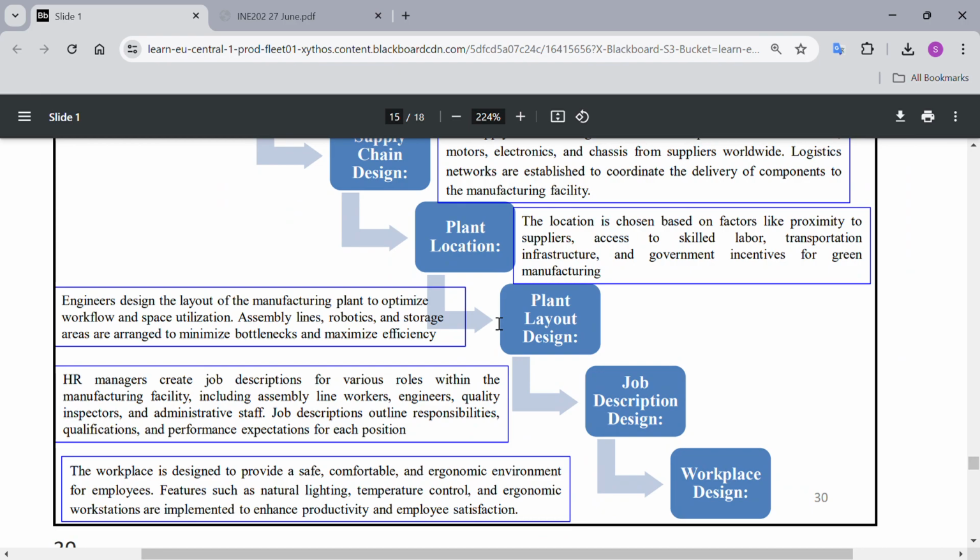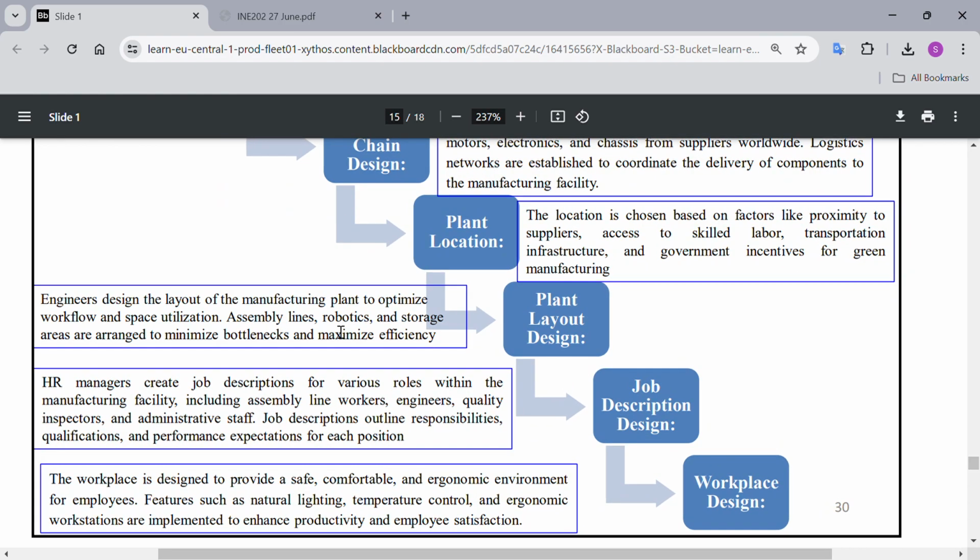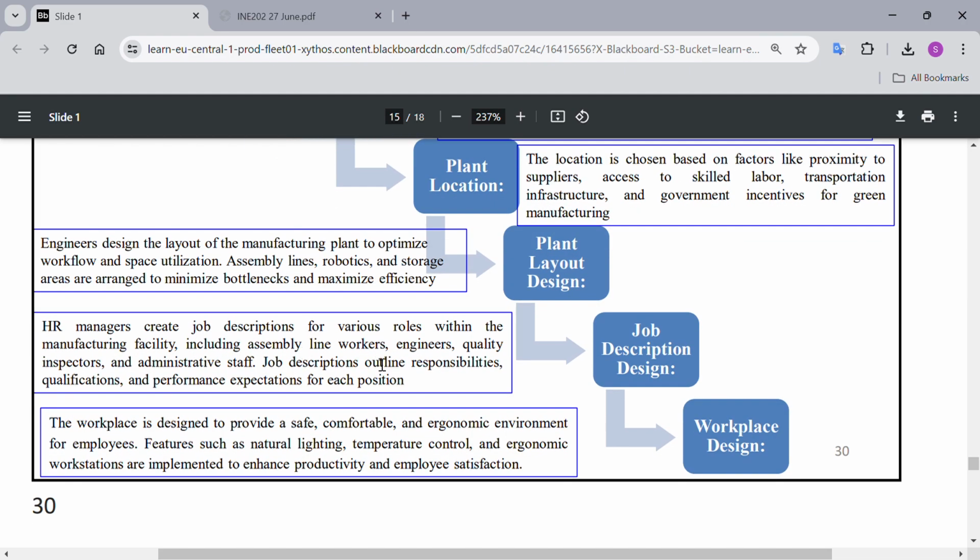After that, after we choose the plant location, we're going to choose our plant layout design. Engineers design the layout of the manufacturing plant to optimize workflow and space utilization. So they design assembly lines, robotics, and storage areas, in order to minimize bottlenecks and maximize efficiency.